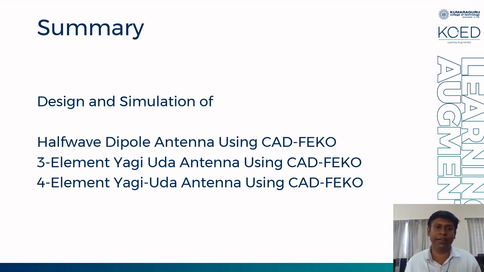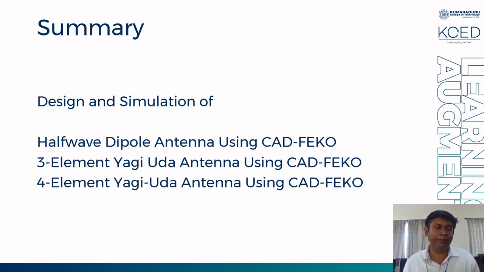So these are the things you can do. And if you want to take up projects in antennas, you can very well take projects related to antenna fabrication and testing.